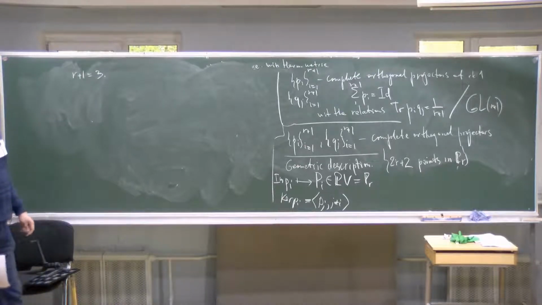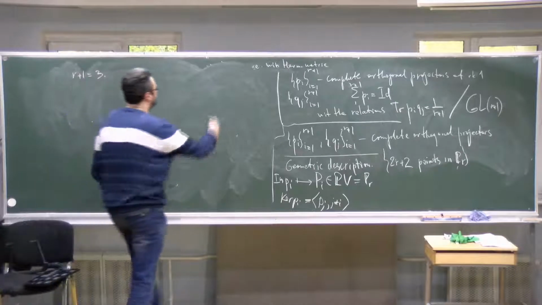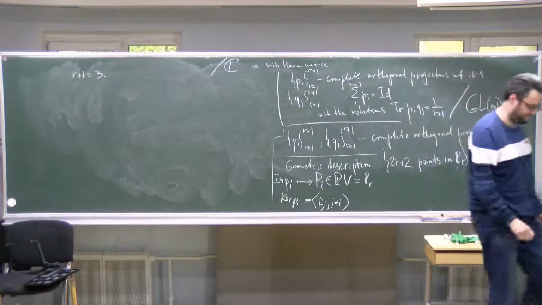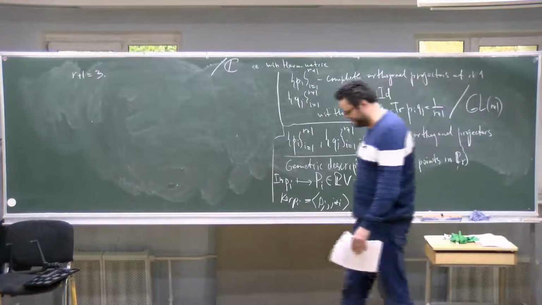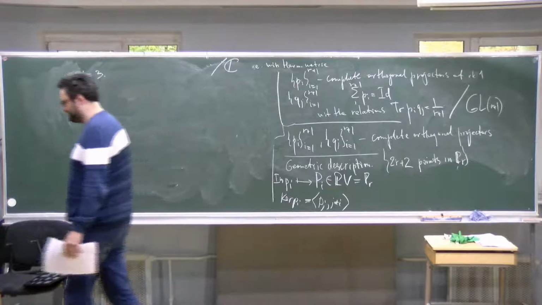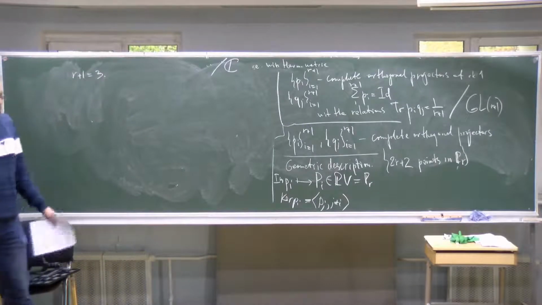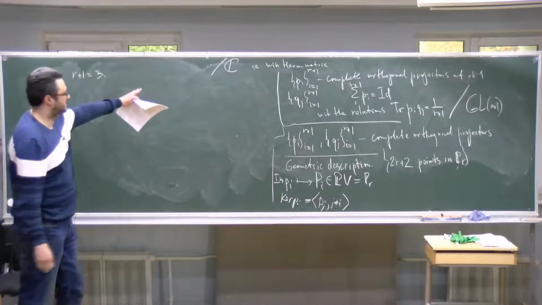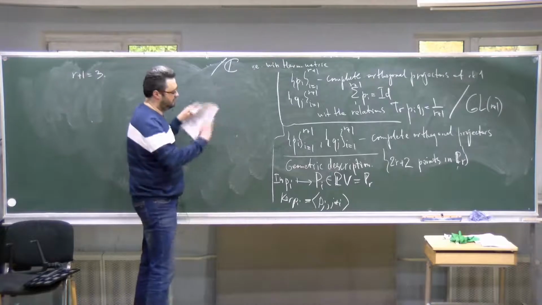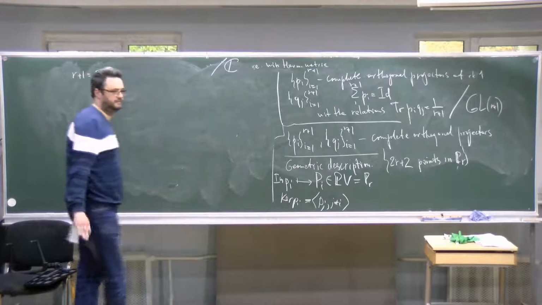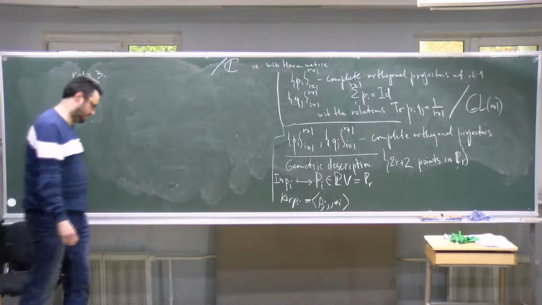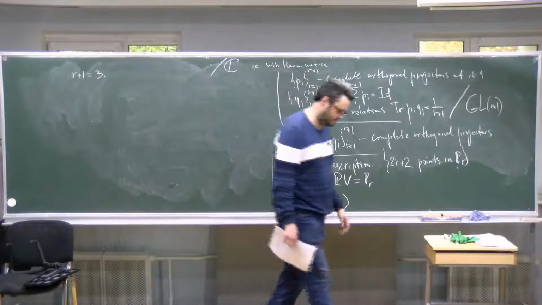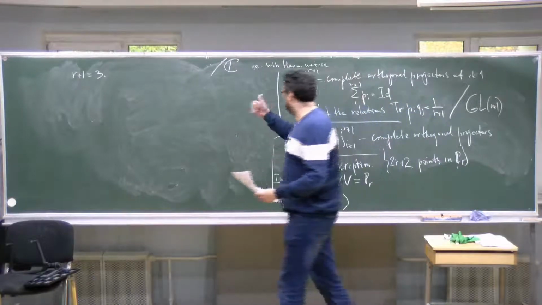Is the ground field essential? Yes, the ground field is C. All is over C. Can we consider Q, for example? Maybe it is interesting over the rational numbers, but I don't know the story in this case.